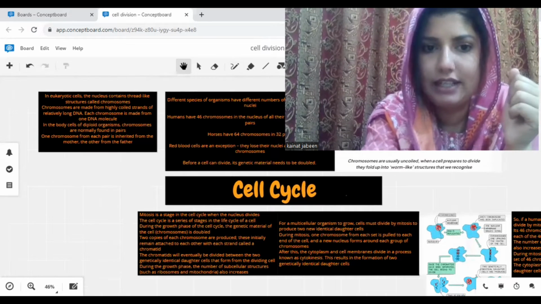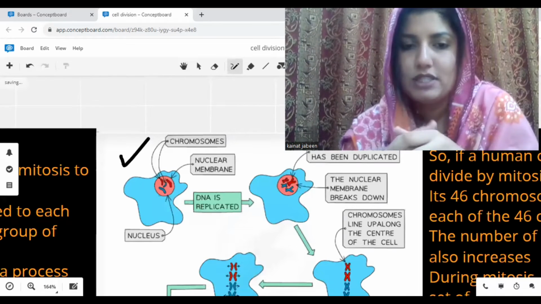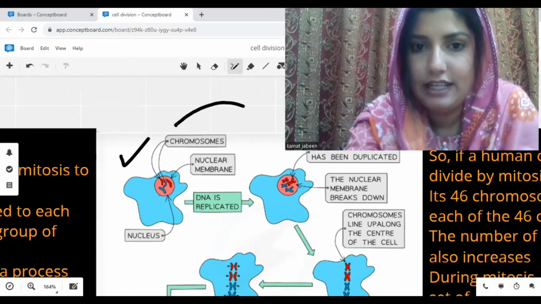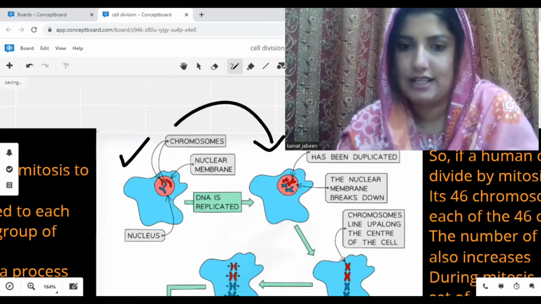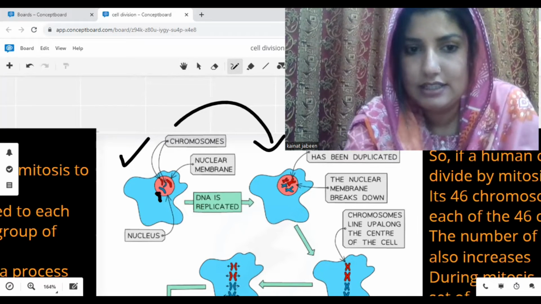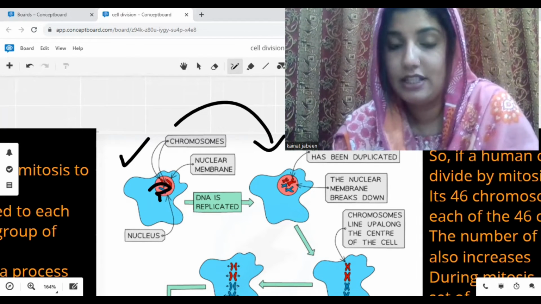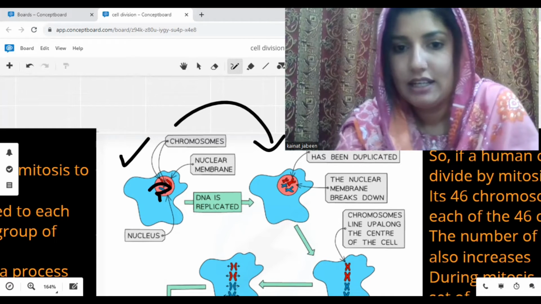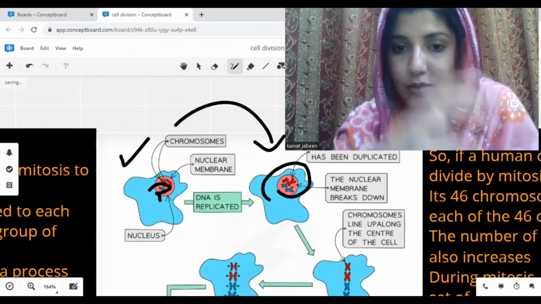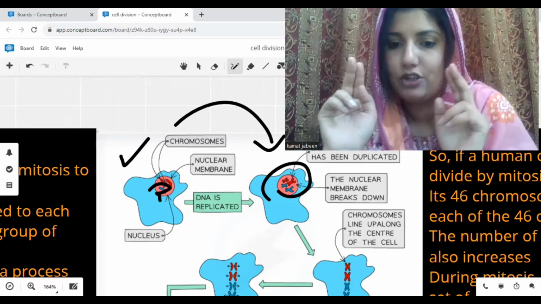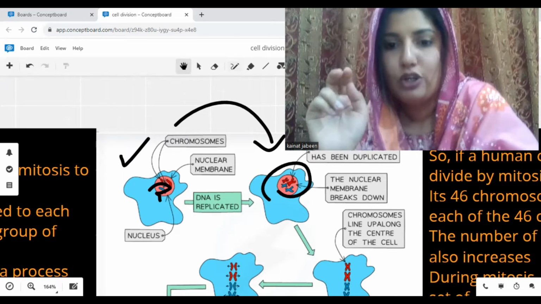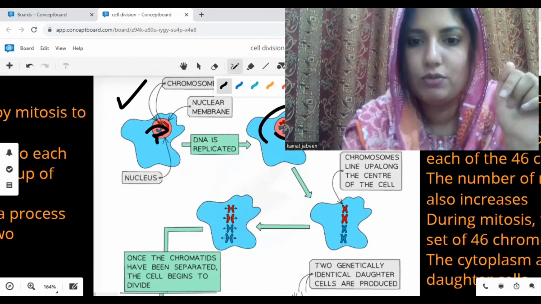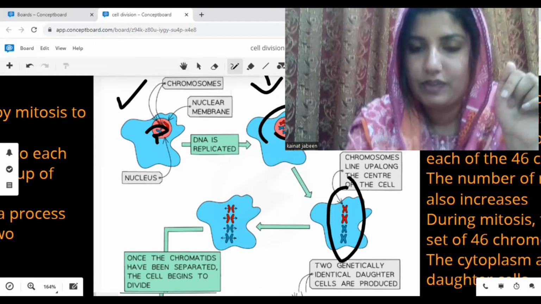You can see here the diagram: the chromosomes, the nuclear membrane. In the first process, the DNA is going to replicate itself. You can see single chromosomes present in the first one, but in the second, they divide. They replicate themselves and make sister chromatids. Next, chromosomes line up along the center of the cell. All the chromosomes line up.